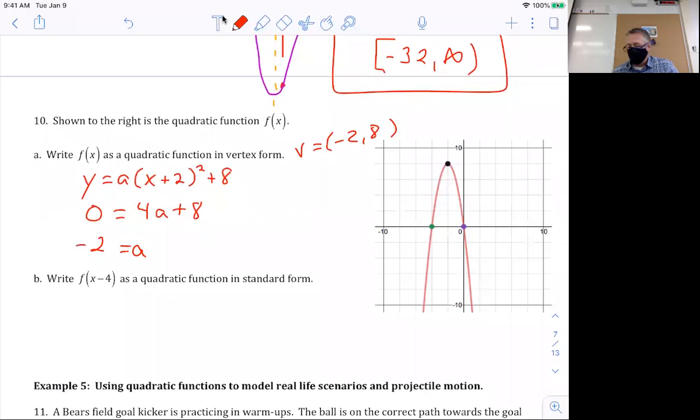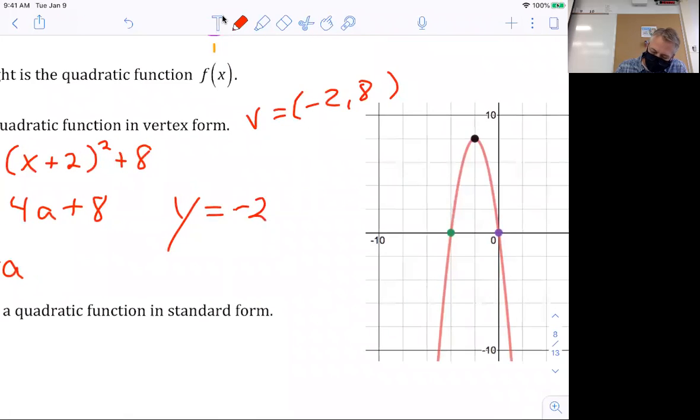And so a comes out to be negative 2. And so our equation is y equals negative 2 times (x plus 2) squared plus 8.